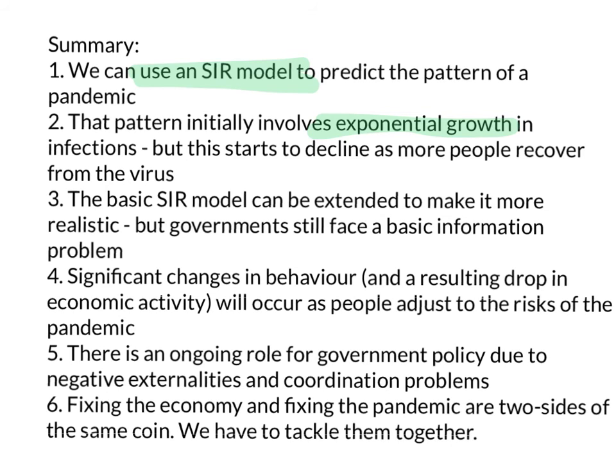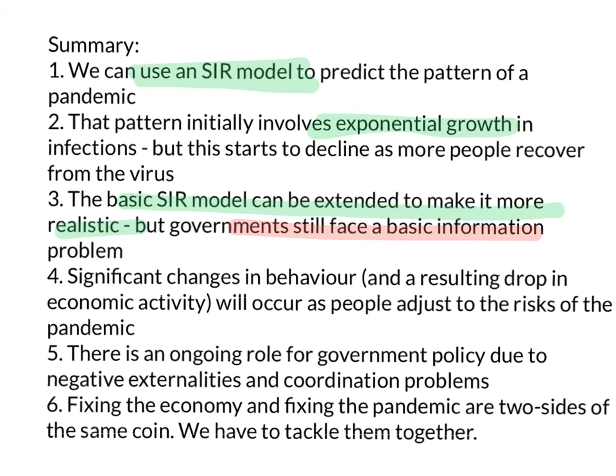However, there were a lot of limitations with the basic SIR model. We noticed that it could be extended in a whole variety of ways, but even then, applying this in practice has a problem, and it's the basic government information problem. At the beginning of a pandemic, the government doesn't know a whole lot of things that it needs to know for the SIR model. It's not going to know the basic reproduction number.